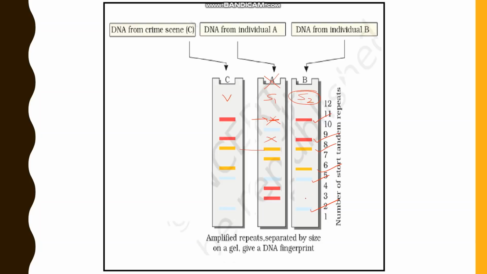So by this we can come to the conclusion that the DNA isolated from individual B shows similarity with the DNA isolated from the crime spot. It means that individual B is the real criminal, if it is a criminal case, because the victim sample actually belongs to suspect 2, or individual B.